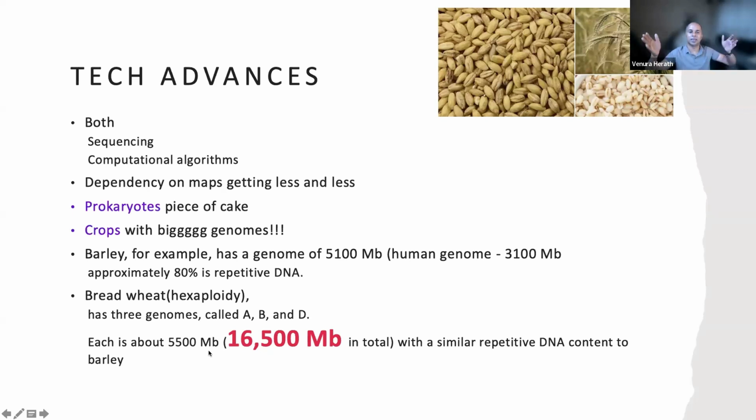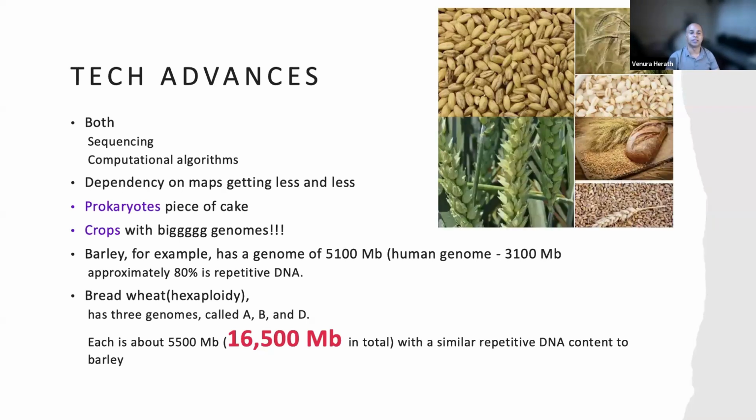So if you take bread wheat as a whole, its genome is 16,500 megabases. Yours is only 3,000. So that means at least five times bigger than the human genome, and it also contains around 80% repetitive elements. In these kinds of cases, you have no option but to rely on the genetic map.